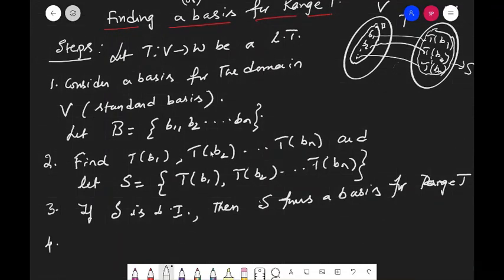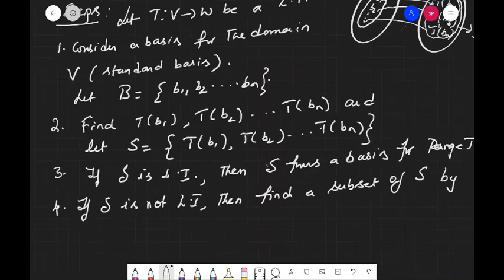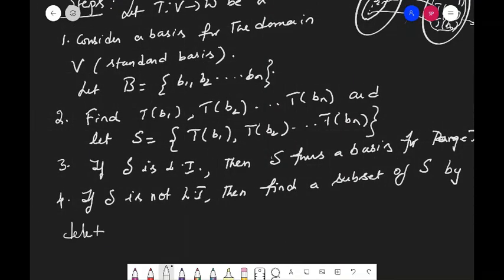Fourth step, if S is not linearly independent, then find a subset of S by deleting some vectors from S to get a basis.